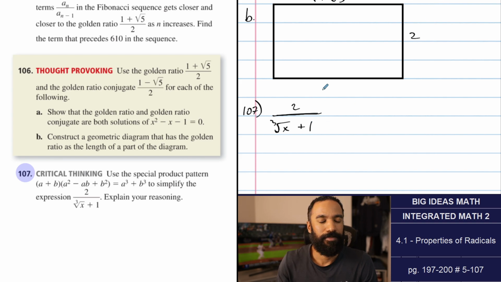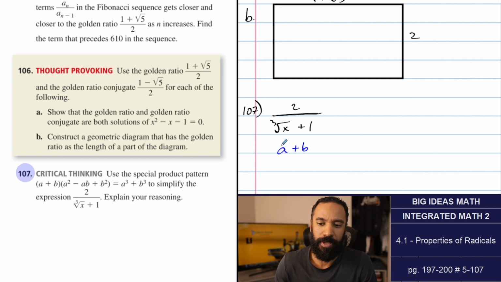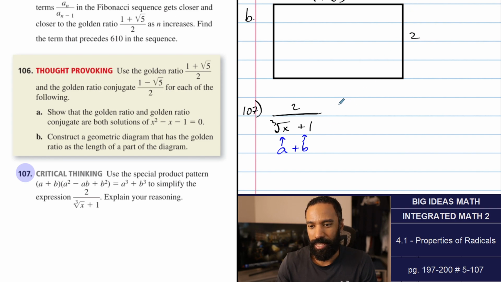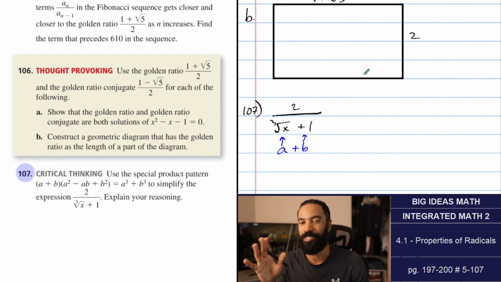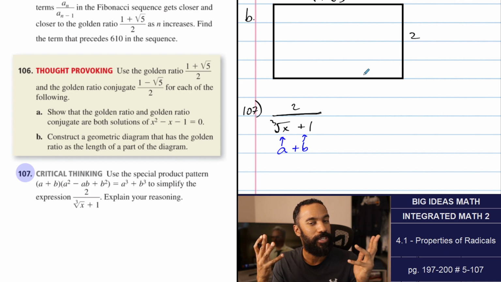Consider this to be your A plus B. I should have thought of it. Why didn't I think of it? See, I'm not the best math teacher in the world. Anyway, so this is like your A plus B right here. This is your A. This is your B. If you want to get this thing canceled, you don't multiply by a conjugate in that form. You multiply by something to get, instead of a difference of 2 squares, a sum or difference of 2 cubes.